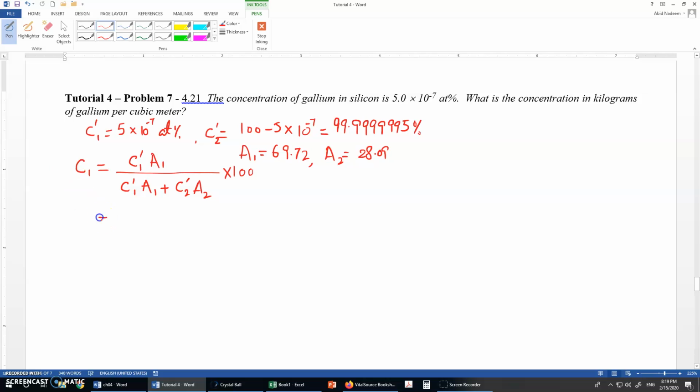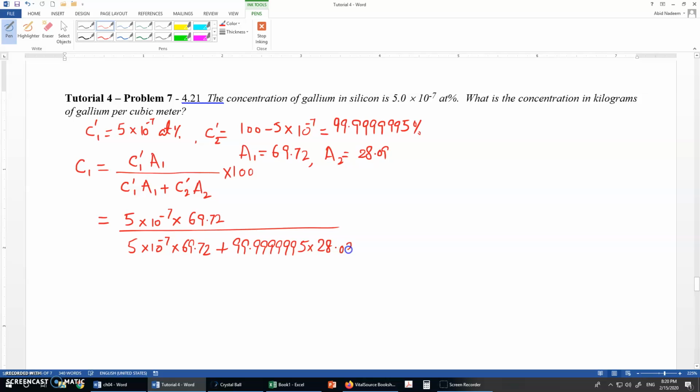Okay, so input these values. C1 is 5 × 10^-7 multiplied by 69.72, divided by 5 × 10^-7 multiplied by 69.72 plus 99.9999995 multiplied by 28.03.